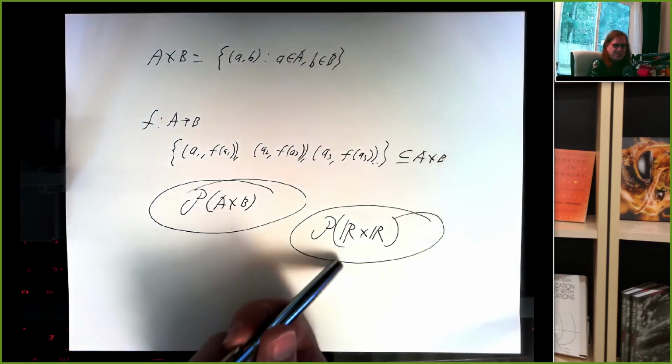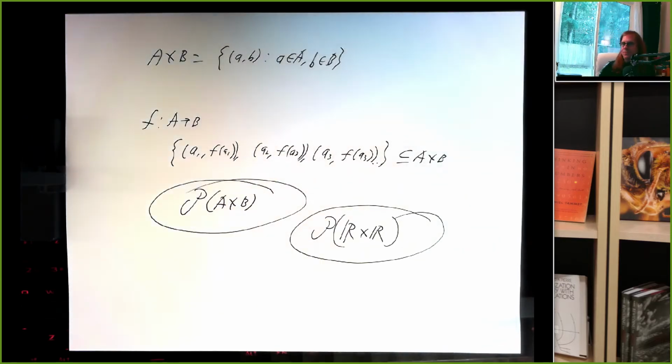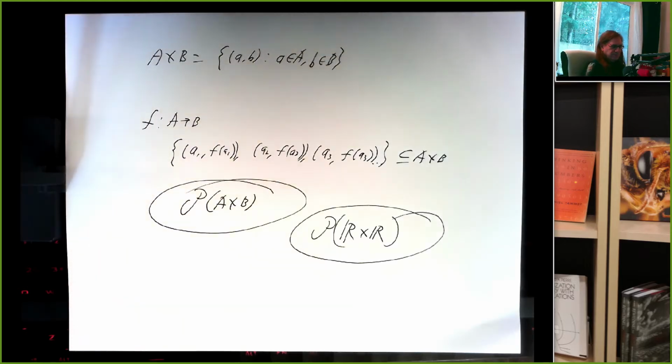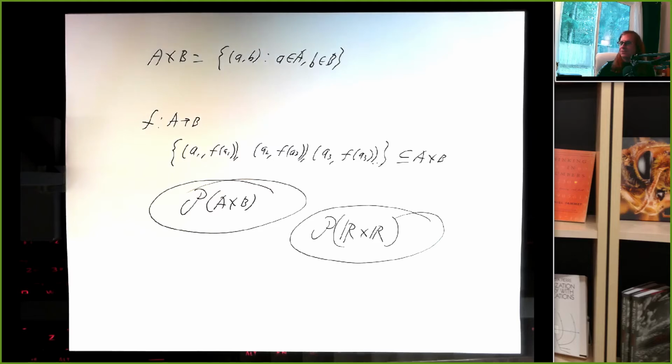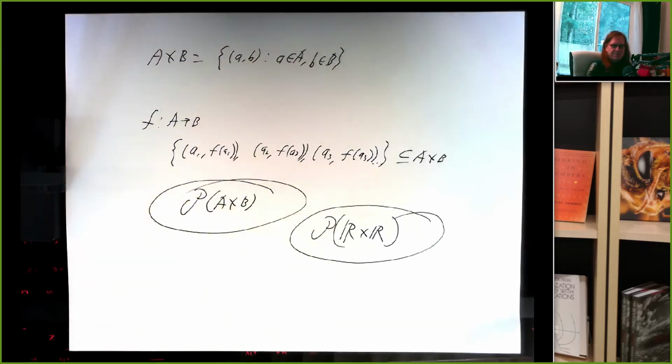Every function is contained in this set. And there's a lot of things in here that aren't functions at all, that fail the vertical line test. But every function that we can think of mathematically from the reals to the reals is an element of this set. That's a big set.